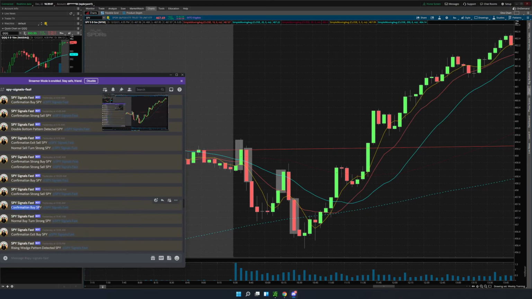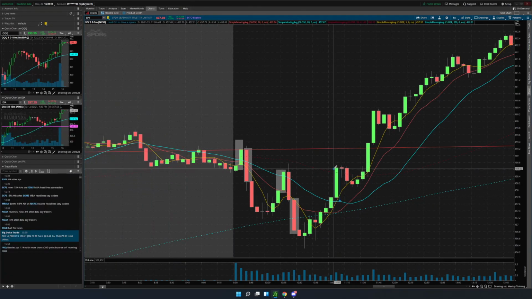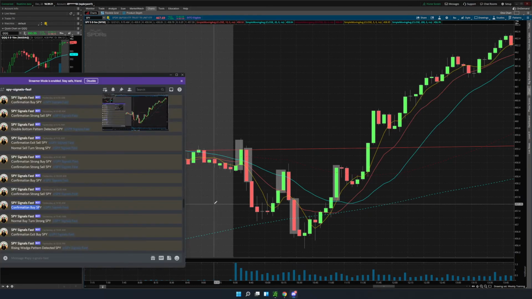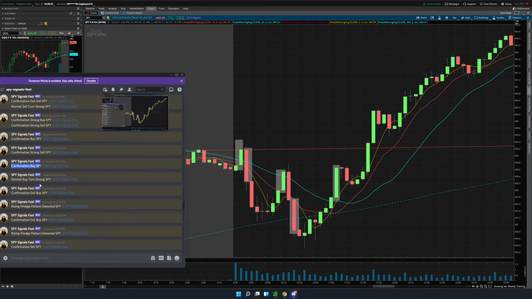Then we had a buy at 11:10. So we got out of this chop in the morning. And so at 11:10, that would have been this candle. And then that normal buy turned strong at 11:40.